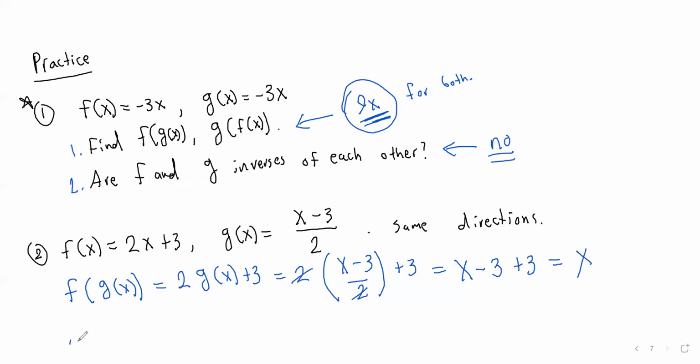Now let's find g of f of x. So we just go to the formula for g and replace every occurrence of x with f. So we have (f of x minus 3) over 2. F of x is equal to 2x plus 3. So this becomes (2x plus 3 minus 3) over 2.